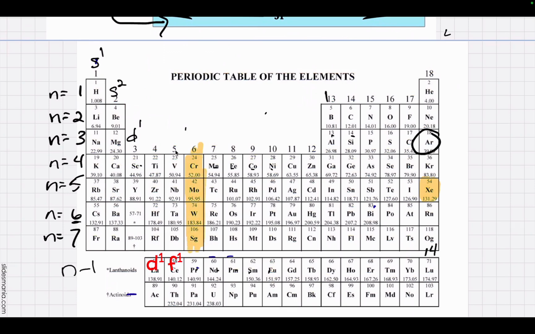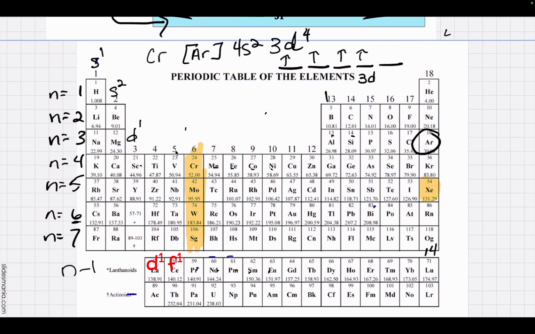If we were going to write the electron configuration the way that we were taught in honors, if we're going to do chromium, we would write it as argon 4s2, and then 3d4. And what you need to realize is, so these are my d orbitals. There's 5 d orbitals. And I have those 4 electrons.